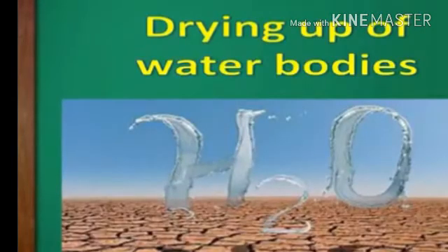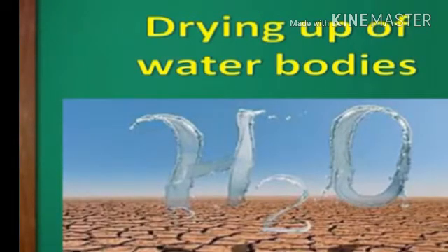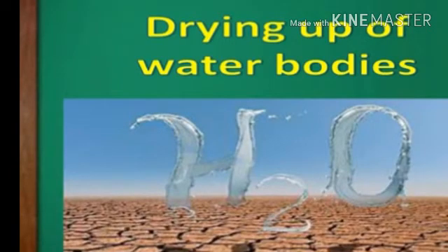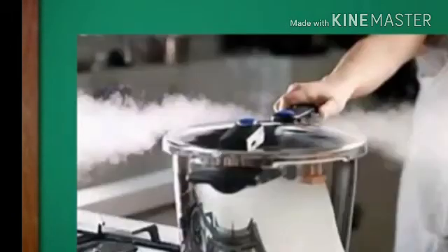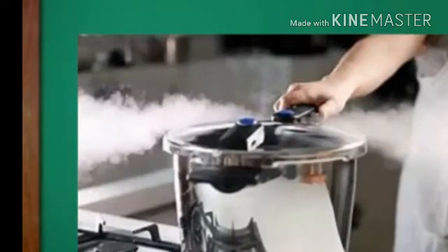And when you observe water bodies, there are many water bodies like lakes, ponds, and rivers. From them the water gets evaporated, and this evaporated water becomes steam. You can observe this in the kitchen, right? Whatever smoke you are seeing is vapor.